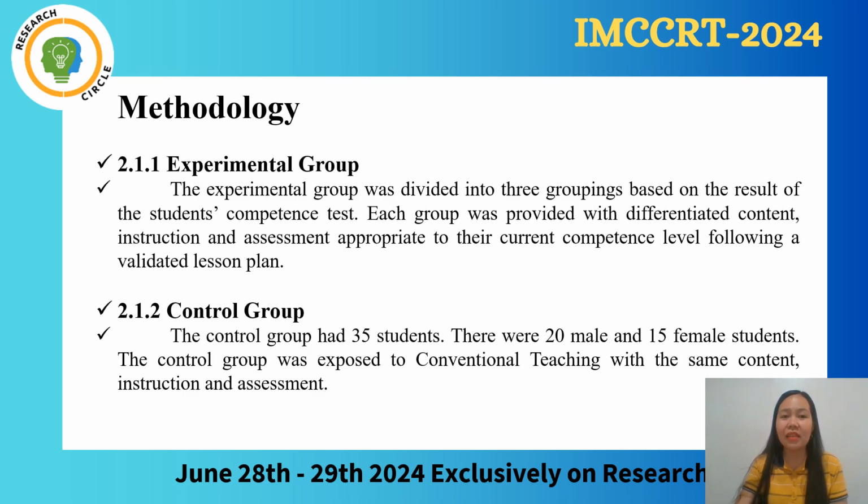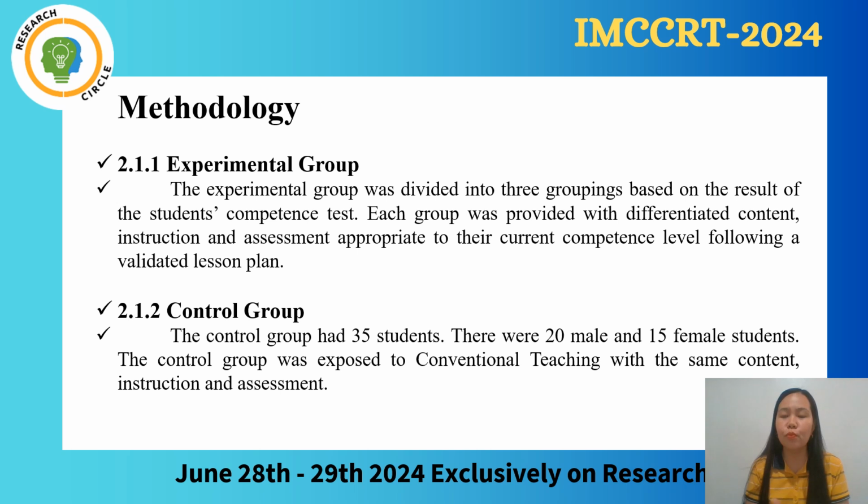For the experimental group, this group was divided into 3 groups as identified based on the results of the competence test. So there were the low group, the average group, and the high group.